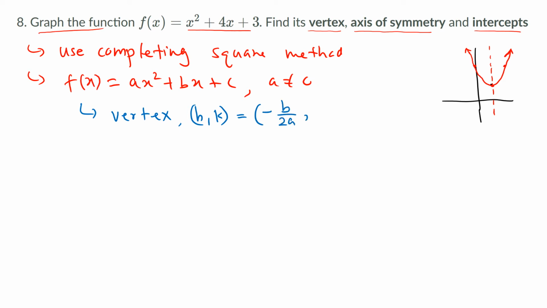And then the k? You plug that h value back into the function, and that's going to give you the k value.